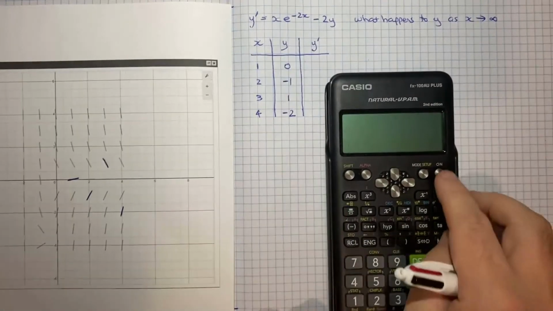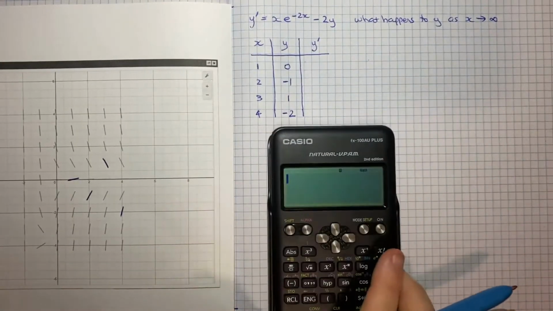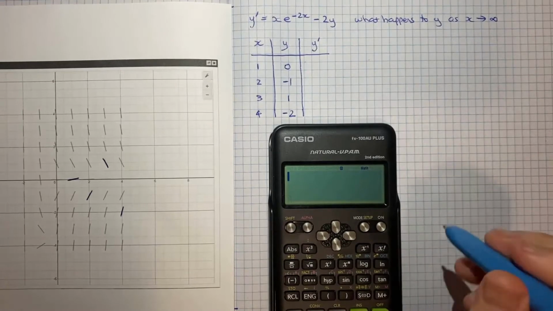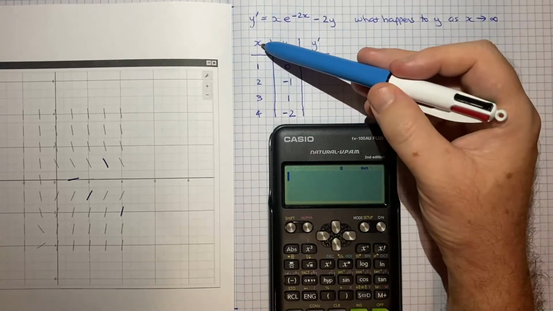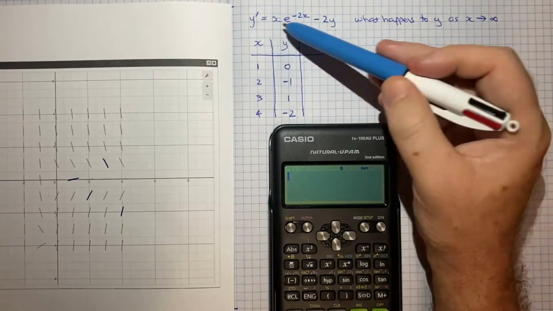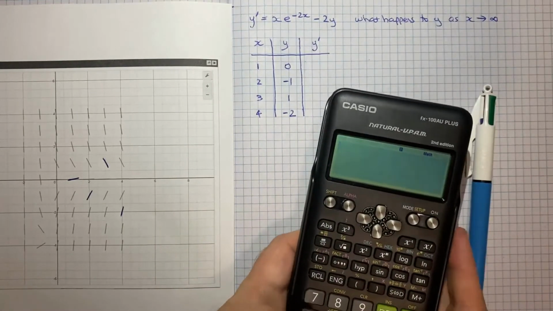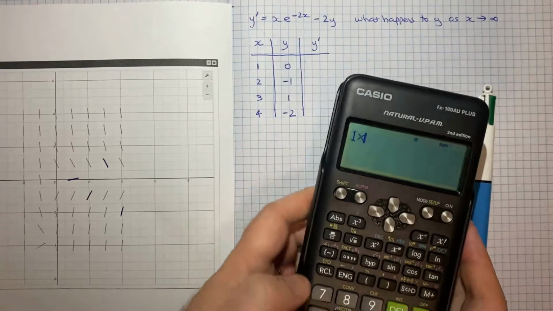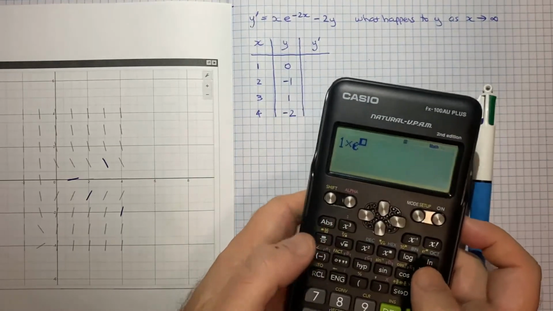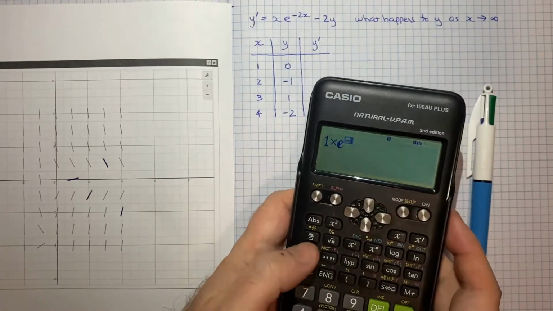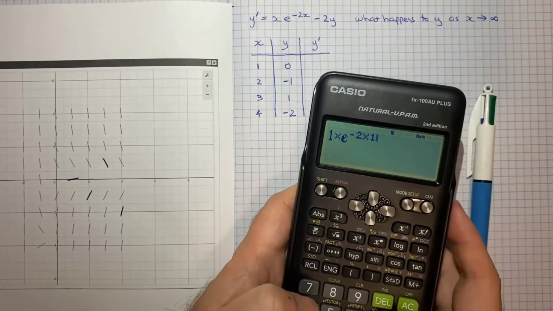So I'll just get my calculator going. At the end of the day, all we have to do is plug in x and y into this differential equation here. So when x is 1 and y is 0, we would get 1 times e to the power of negative 2 times 1.